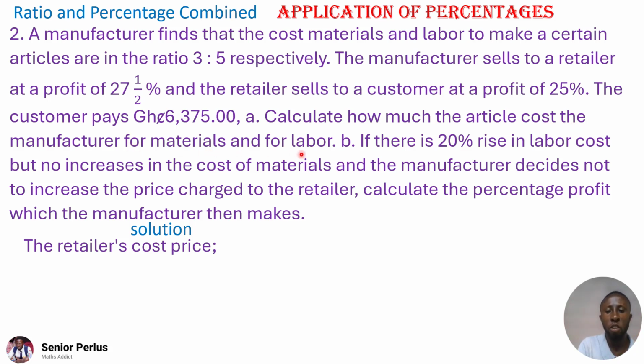So before we find the cost of material and labor, you have to know the cost price of the manufacturer, then use the ratio to get the labor and the material.